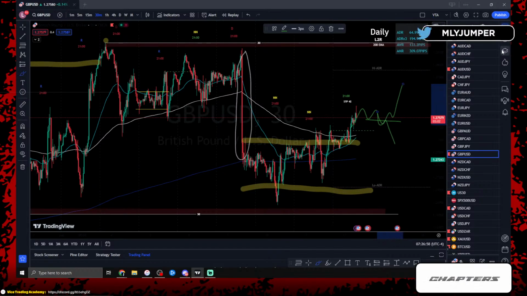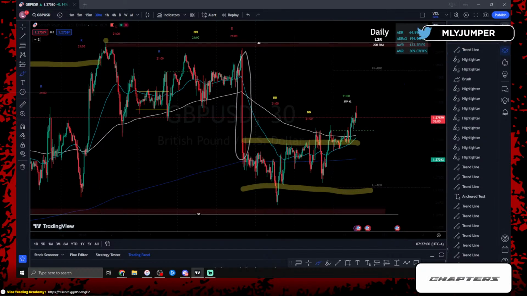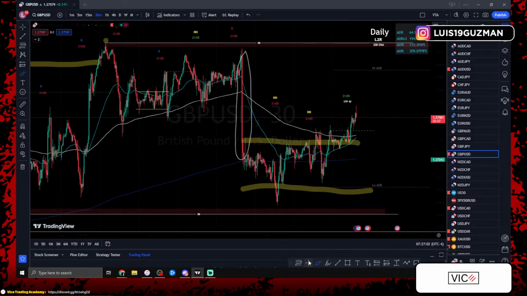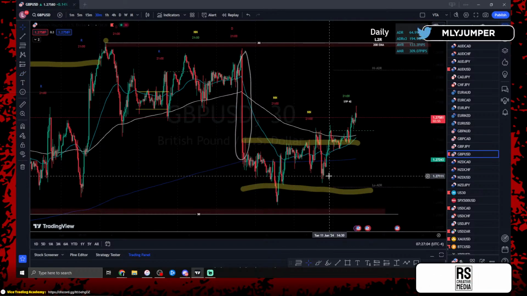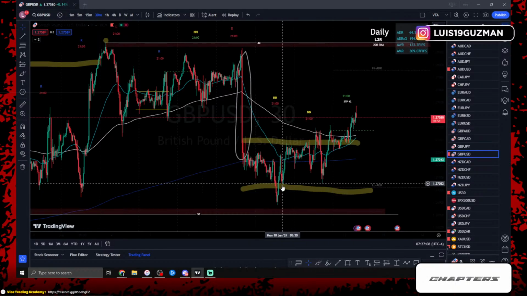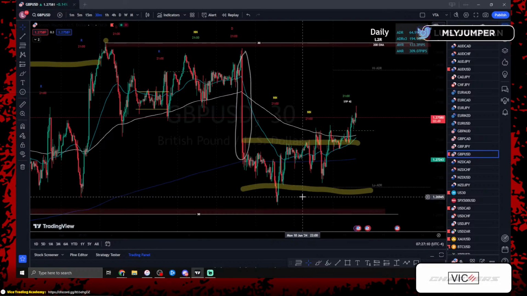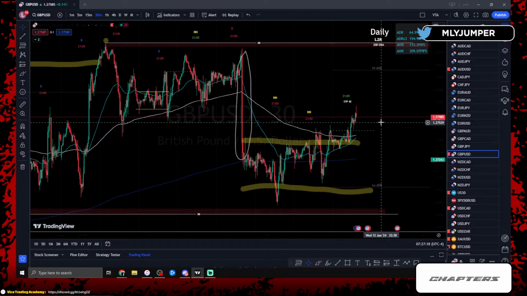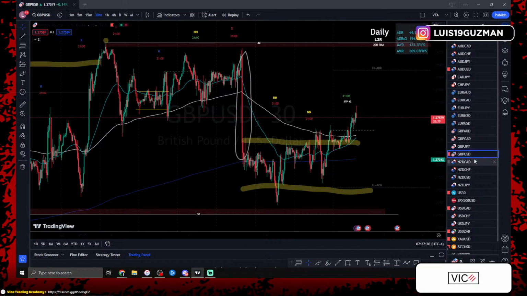So this is where we have to just stay patient when we're in the middle of the zones, whether it's the middle of the range, the middle of the zone of consolidation, or the middle of your 30-minute highs and 30-minute lows. If you're in the middle of where price is currently trading from, it is not the best place to look for a trade.